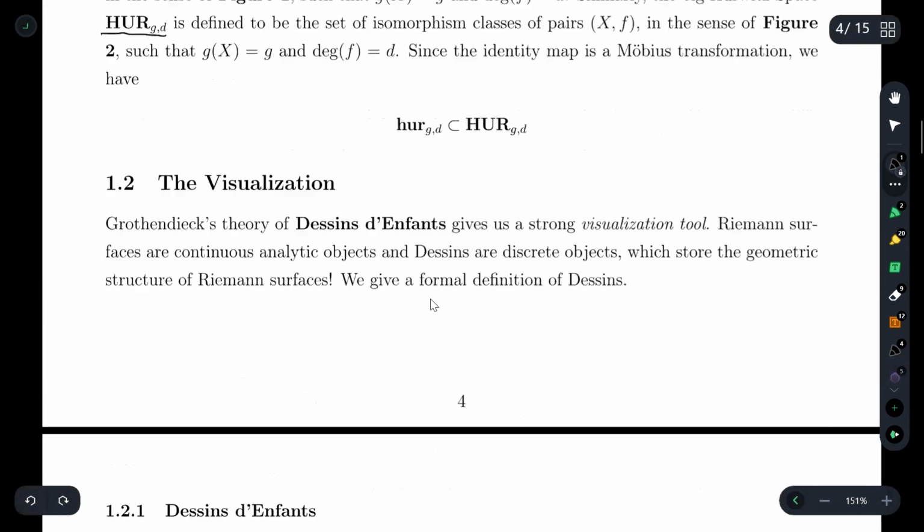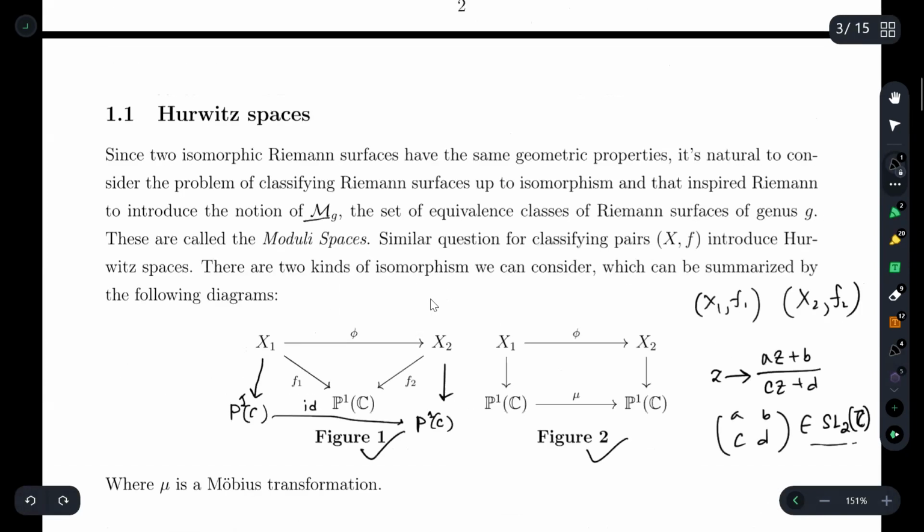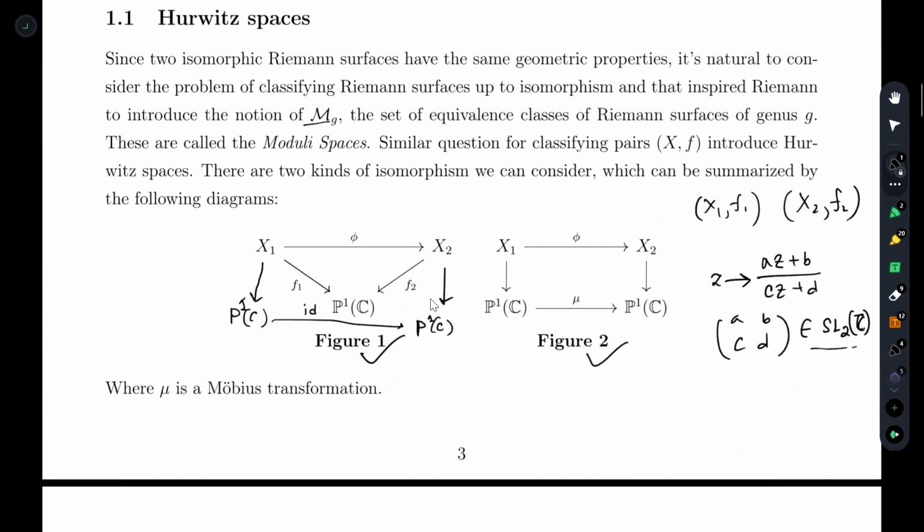Yeah. So here I am considering some larger aspect actually. So here we are considering the isomorphisms of Riemann surfaces such that this diagram is commutative, where we have a Mobius transformation between these two copies of the projective line, right?